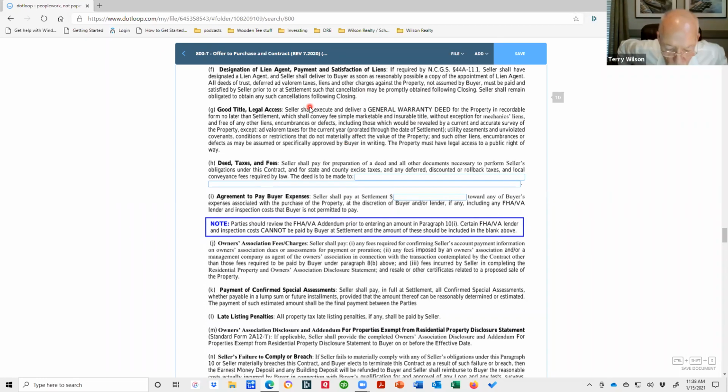Normally, when we use our offer to purchase contract Form 2T to buy a resale property, where I'm a buyer and I'm buying somebody's home that they live in, they sell that home under a general warranty deed, greatest protection for the buyer.